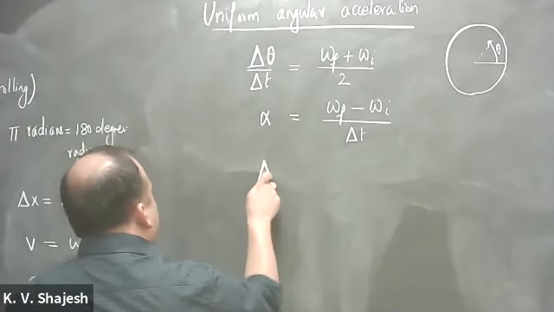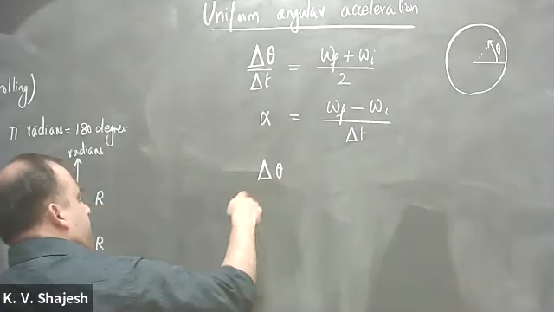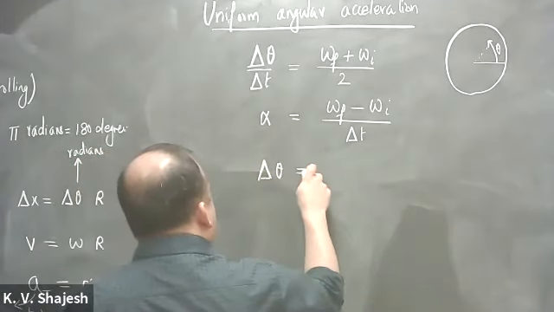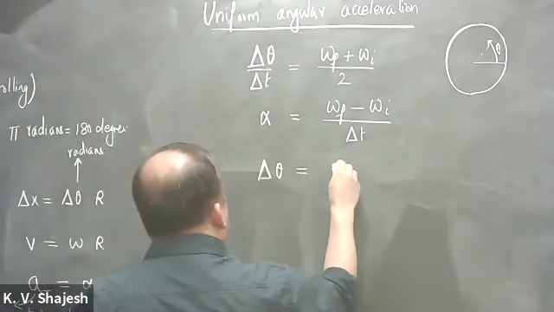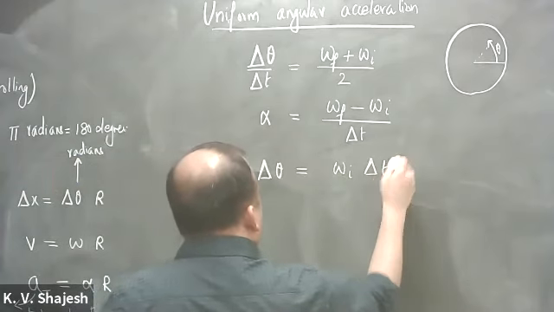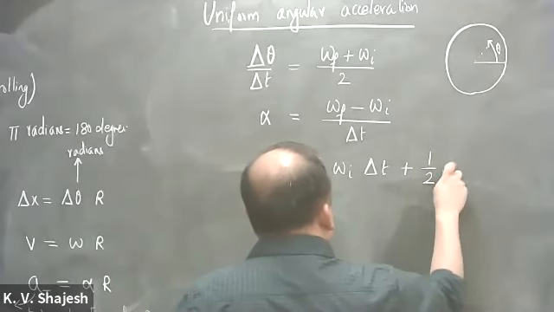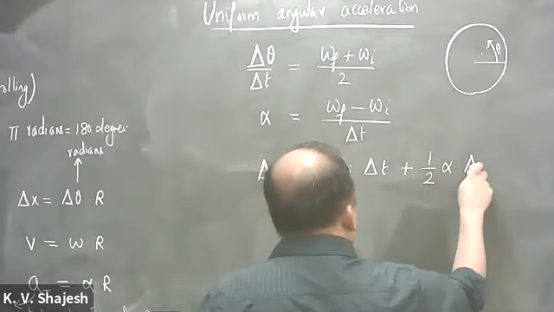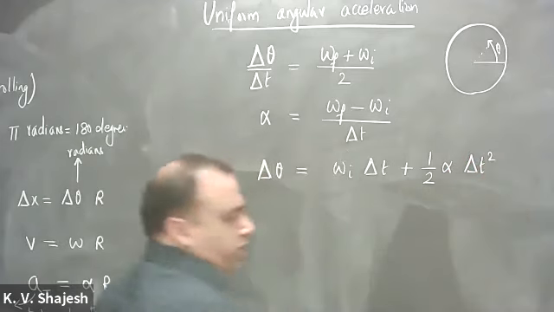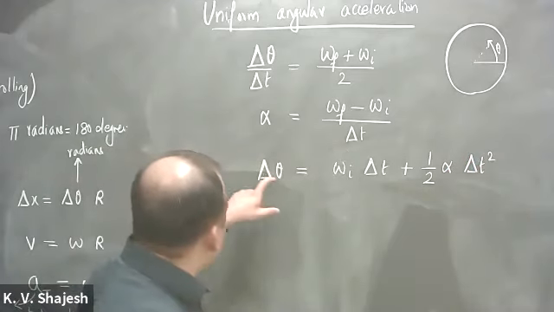So instead of linear displacement, so this would have been delta x earlier, this would be equal to omega initial times delta t plus half of alpha times delta t squared. Notice how there is a one-to-one correspondence.